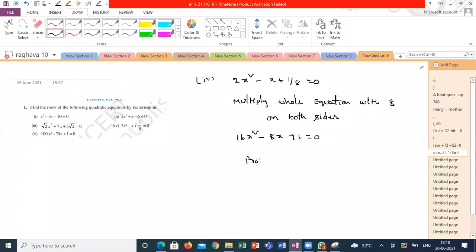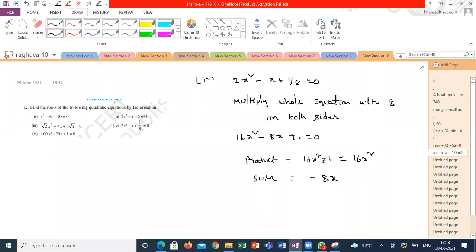Now my product should be 16x square into 1, that is 16x square. My sum should be minus 8x. So what are the possible combinations I can say here? Which numbers will give positive multiplication and negative summation? Sir, minus 4 and minus 4.